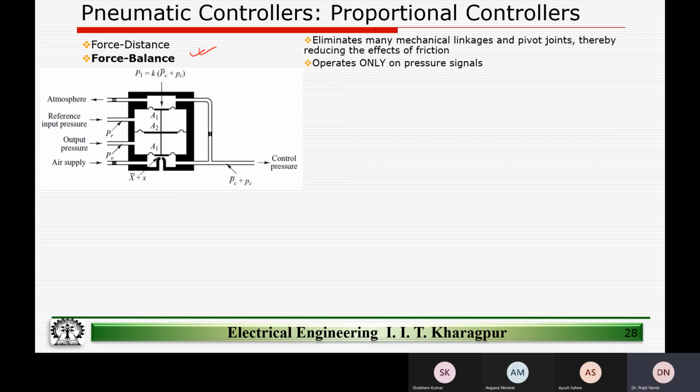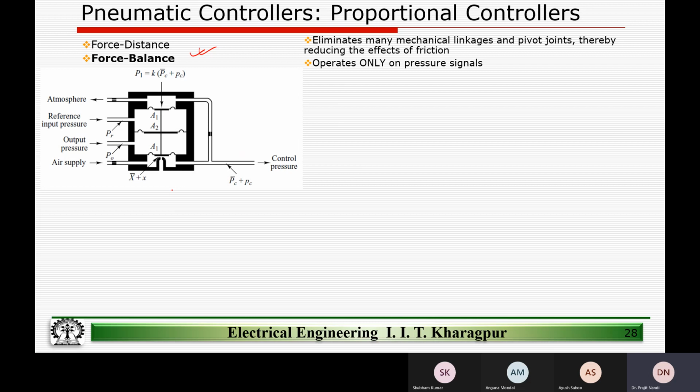The advantage of this is it eliminates many mechanical linkages and pivot joints. In the previous diagram, we saw that there are two pivot joints. Here there are none, and thereby it reduces wear and tear by reducing the effects of friction.